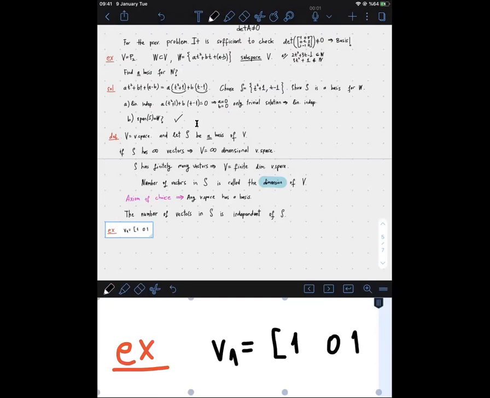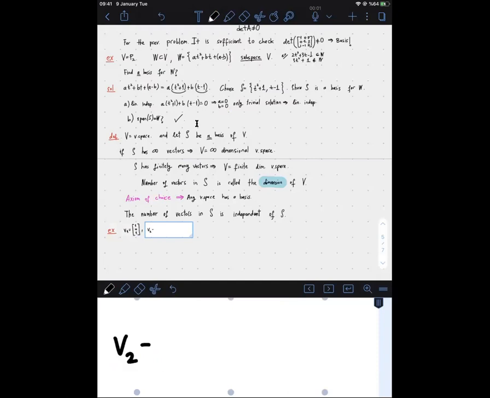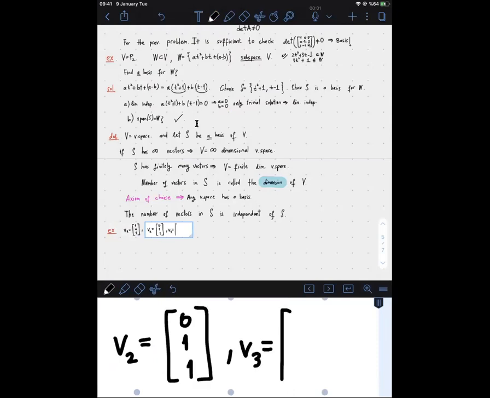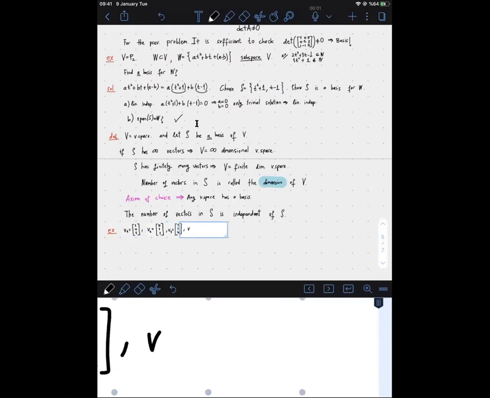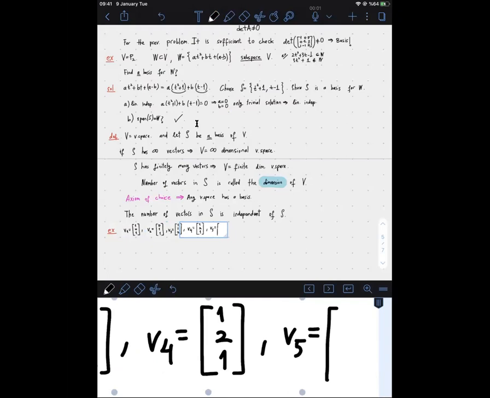Maybe I should write them in column format; that will be easier to write. v2 will be (0, 1, 1). v3 will be (1, 1, 2). v4 will be (1, 2, 1). And v5 will be (-1, 1, -2). So these are 5 vectors.